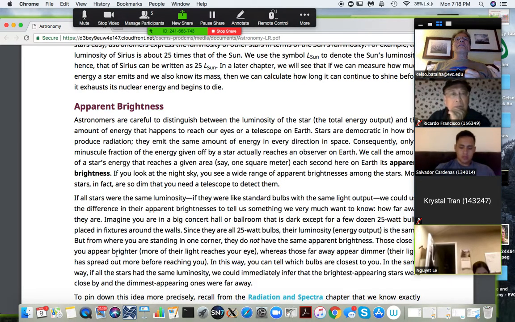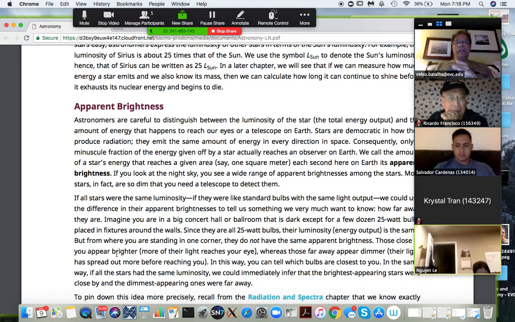Intrinsic brightness, in some books, is termed the energy of the star itself. It's kind of confusing. So one is intrinsic brightness, the other one is apparent brightness. I think the main point is to distinguish them, and I prefer to call brightness what you see, and luminosity what comes out of the star as far as energy is concerned.